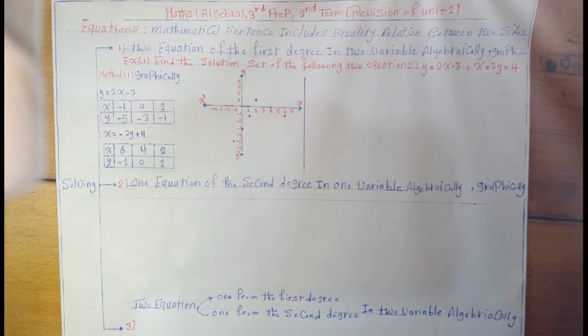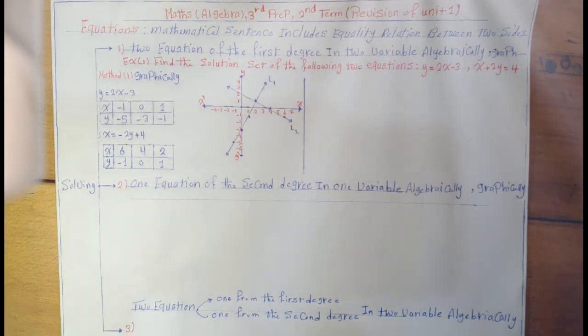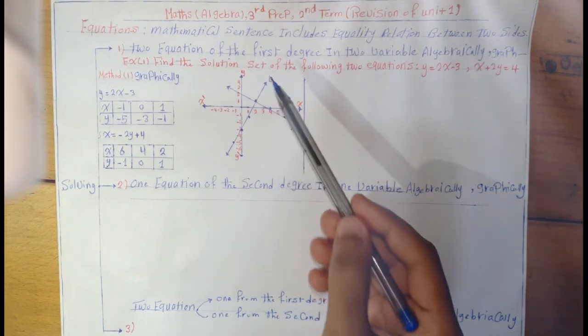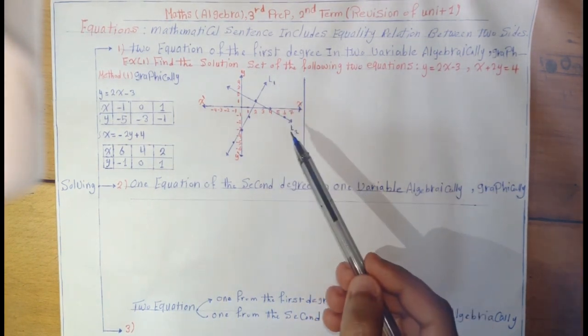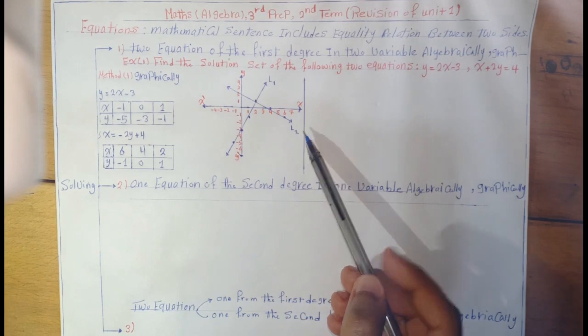Now let's connect these points. This is the first straight line L1 and this is the second straight line L2.